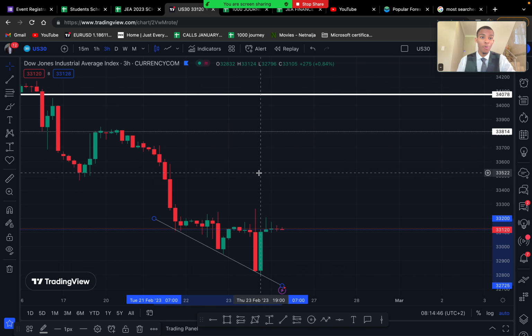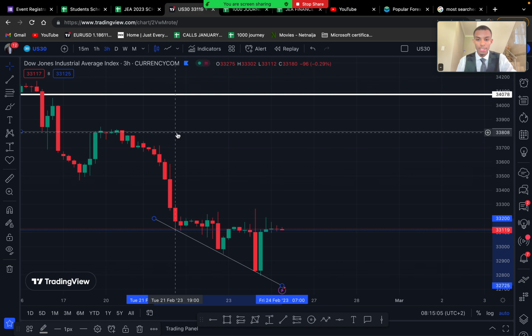But before, we need a confirmation. Are we really going to the upside, or maybe we're done? This was the buy, and then we're done going to the upside. But let's check. So here it's 19 o'clock, as you can see. Again, I'm using average index, currency com, so the times kind of differ. Here it's 19 o'clock, and here it's 22, and then here again it's 19.